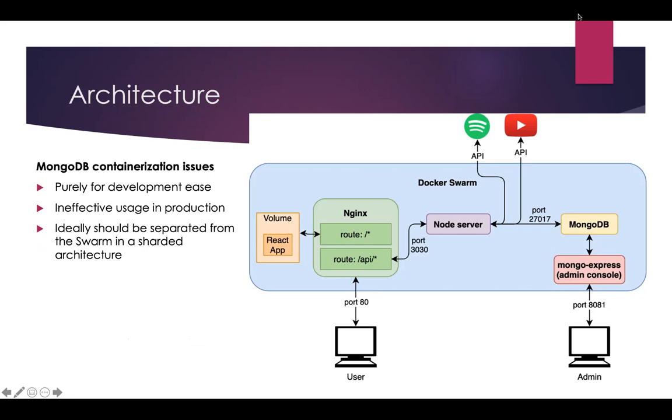There is a bit of an issue with having the MongoDB within the Docker swarm. It's not the most ideal solution, because when you replicate a MongoDB in this kind of swarm configuration, it won't actually pool the data and maintain the data. You'll have data falling out of sync between the MongoDB containers.